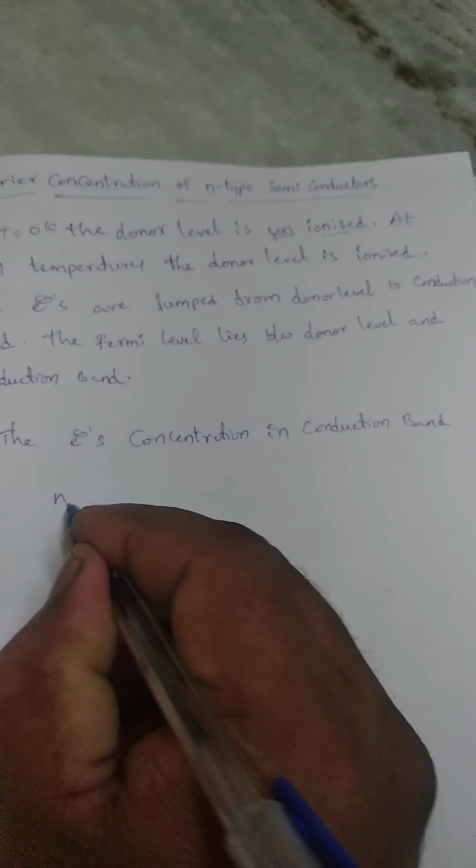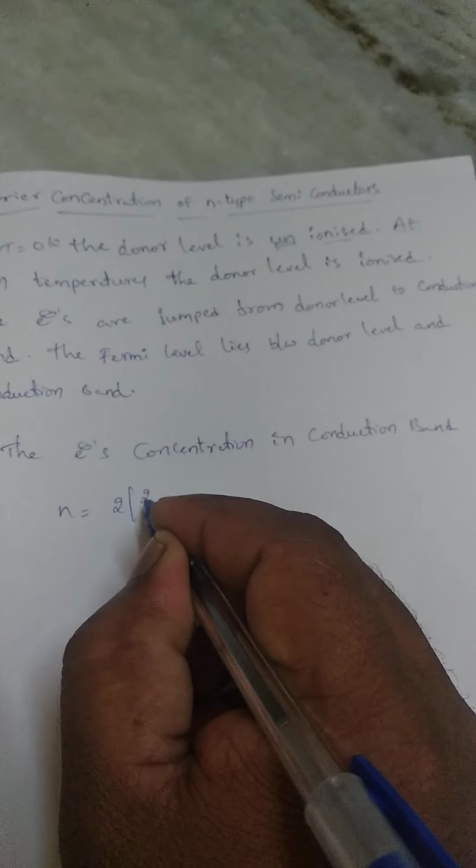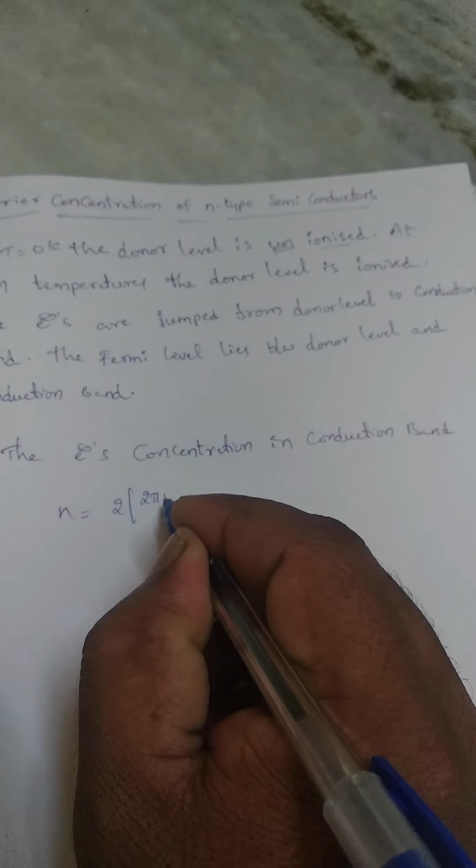N is equal to 2 into (2 pi me star kT by h square) whole power 3 by 2 exponential of (EF minus EC) by kT. This is the electron concentration in conduction band.